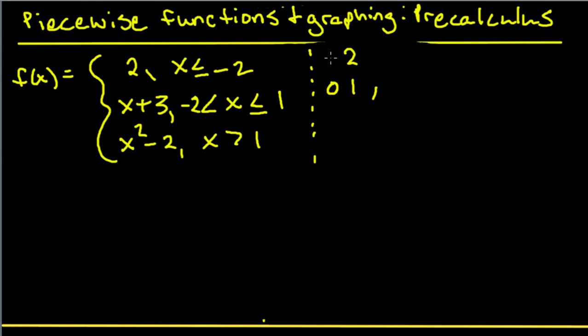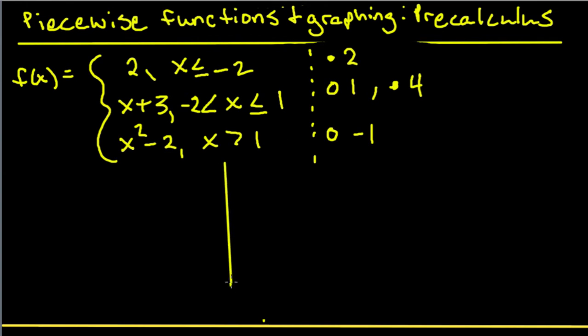Okay, so if we look at 1 plus 3 is 4. And since this has an equal to sign, we're going to have a closed dot. So one more to look at. If we have 1, so 1 squared is 1, minus 2 is negative 1. And since we don't have an equal to sign, this will be an open dot.